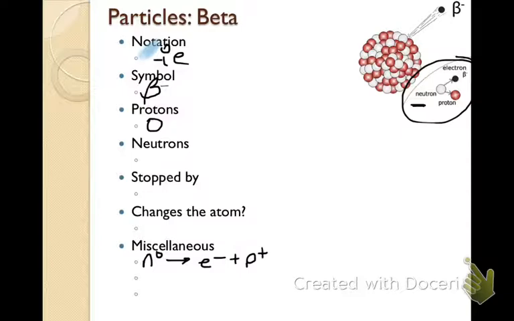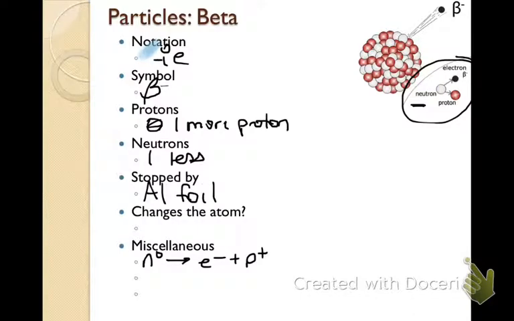Alright, so what ends up happening? We now know we have one less neutron in that atom, and we actually end up having one more proton. And it can actually be stopped by aluminum foil.